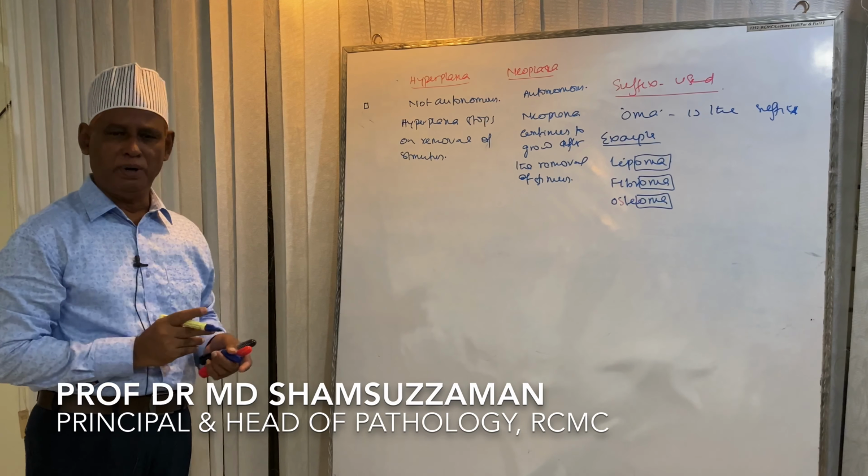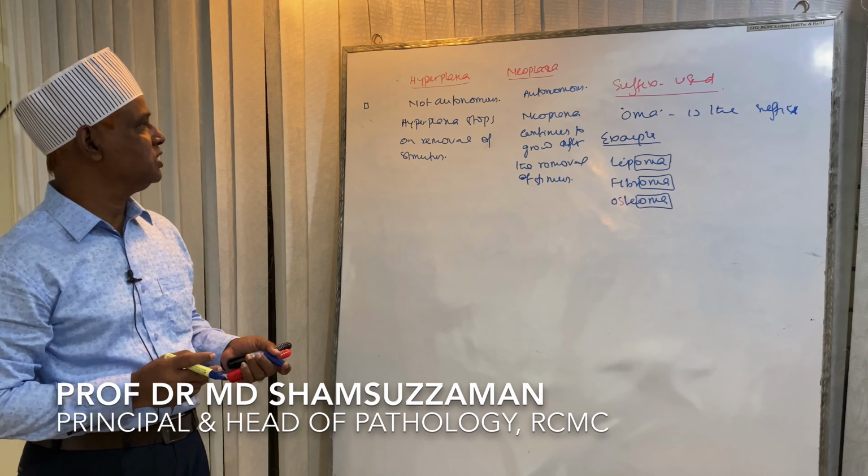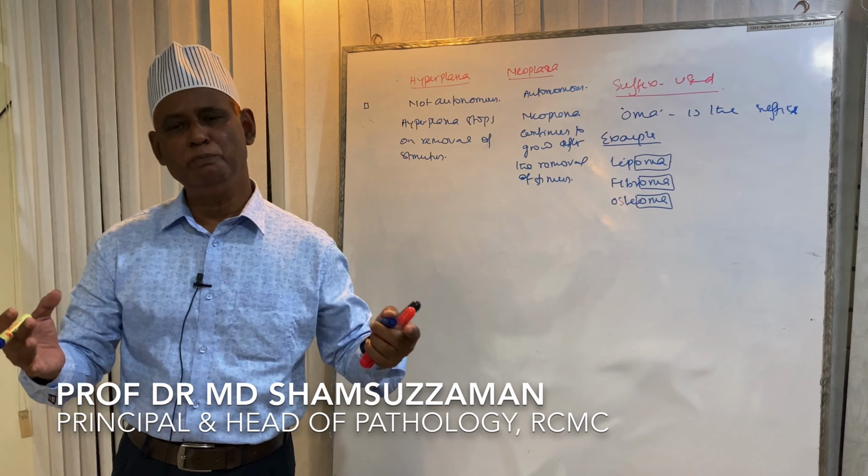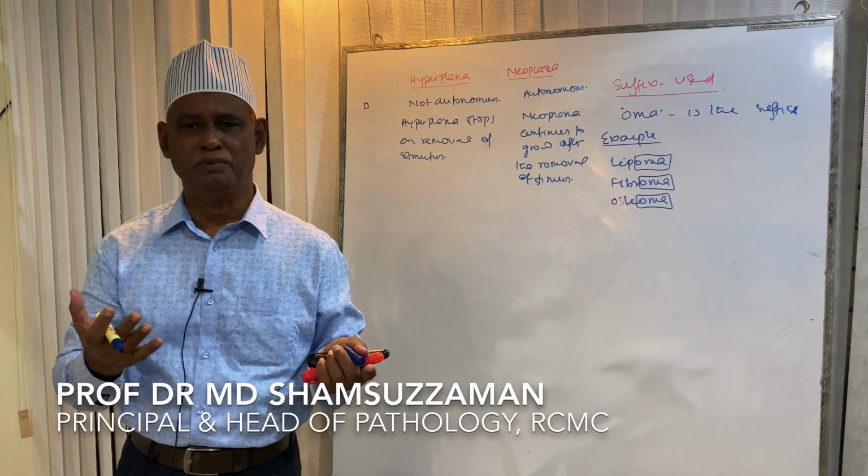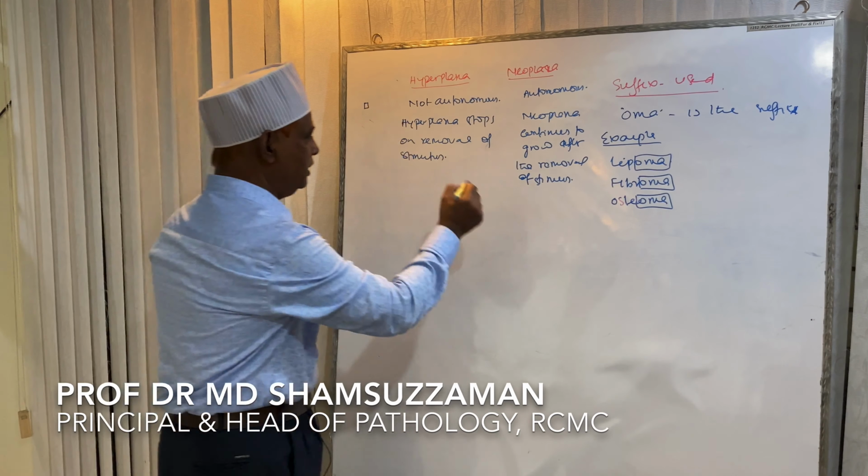Why is neoplasia autonomous, and why is hyperplasia not autonomous? Although in both cases new cells are formed, neoplasia is autonomous because the stimulus causes genetic mutation.